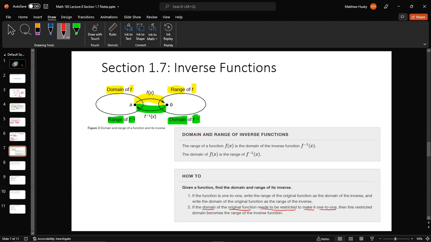You've probably seen this before without realizing it, but to make y equals square root of x one-to-one, we limit x to non-negative numbers.